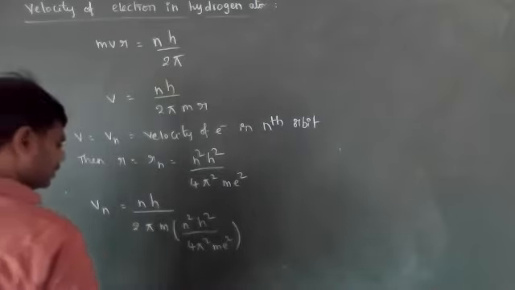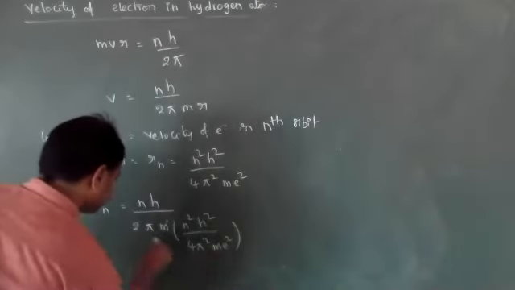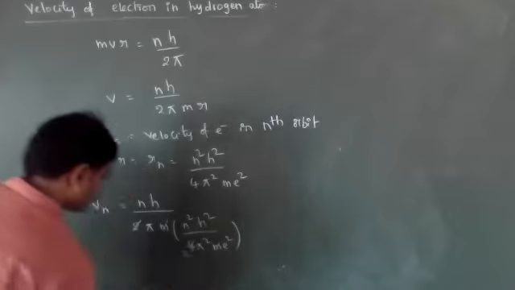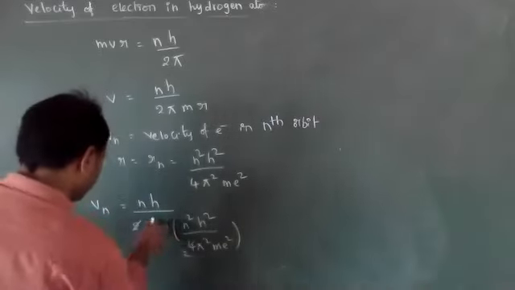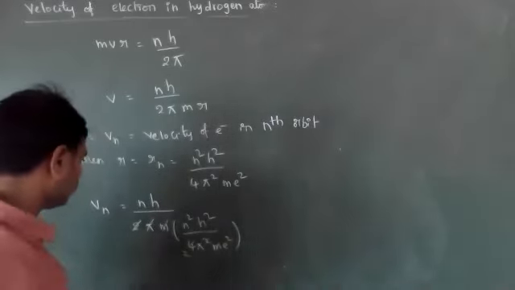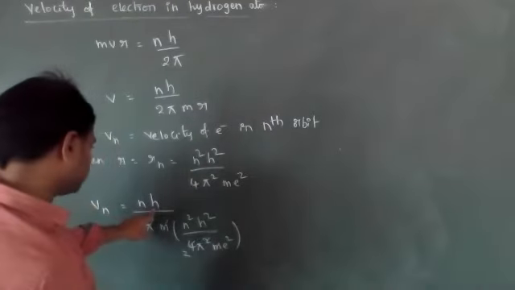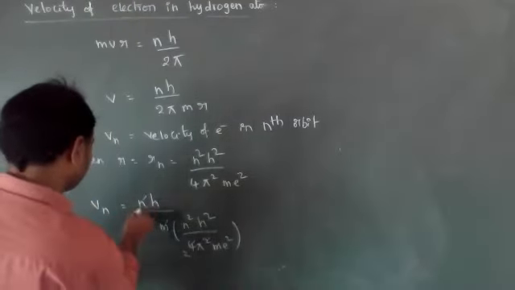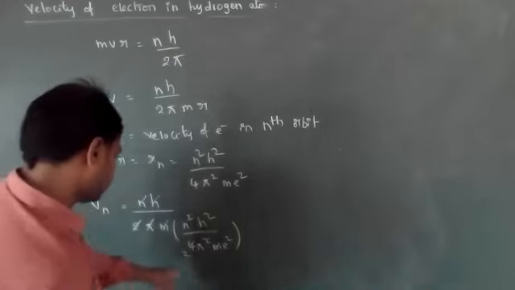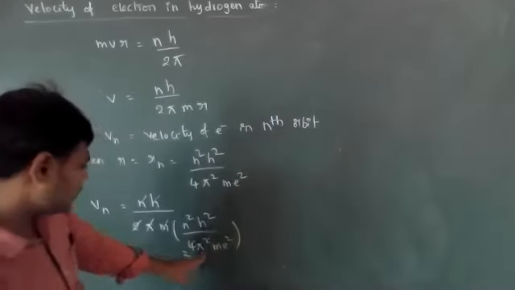If you apply that, this m and m will cancel, this 2 will cancel, and 1 pi will cancel, and nh is present, then this nh will cancel, then 2 pi e square.